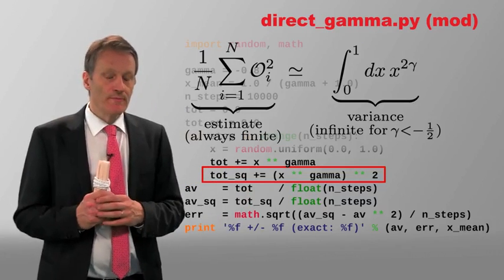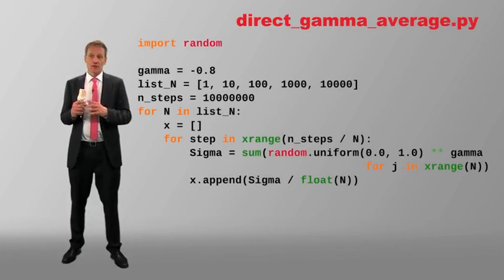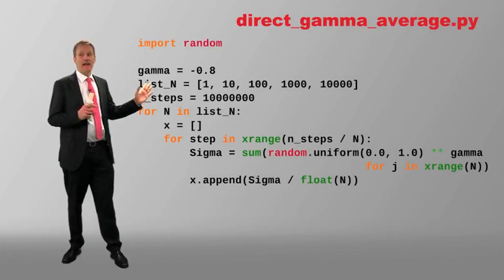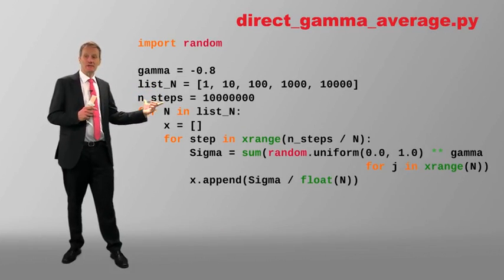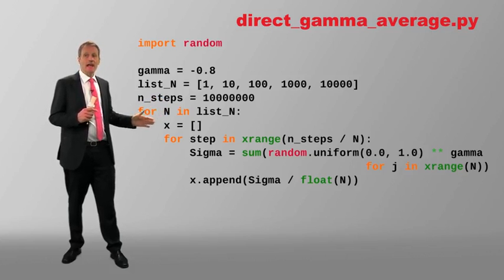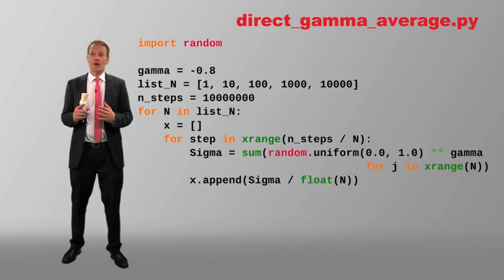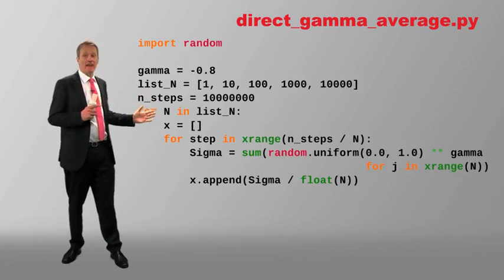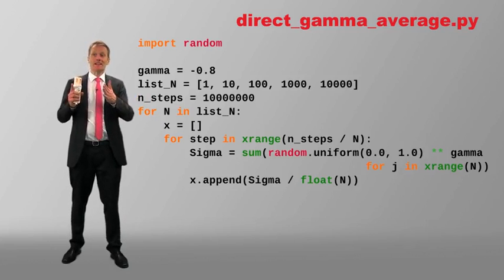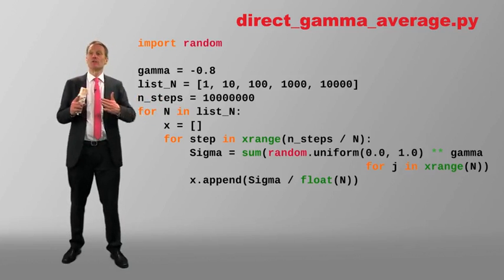What we will do in a first program, Dirac gamma average.py, is we take the average, sigma divided by n, and we compute the probability distribution of sigma over n as a function of the length of the interval over which we average.